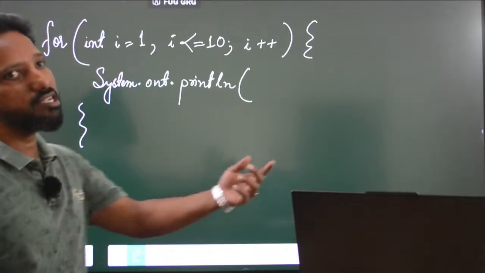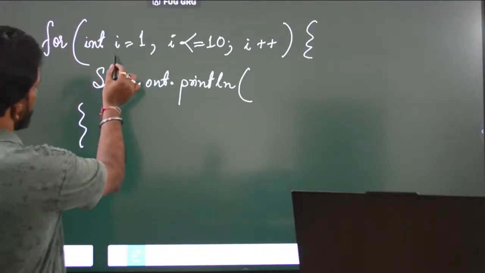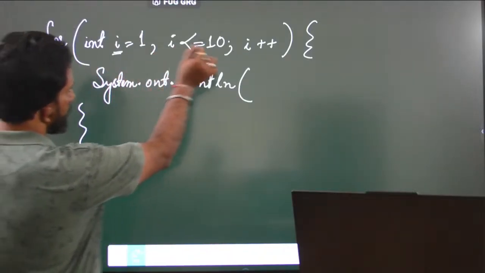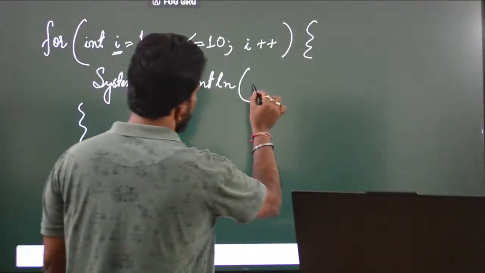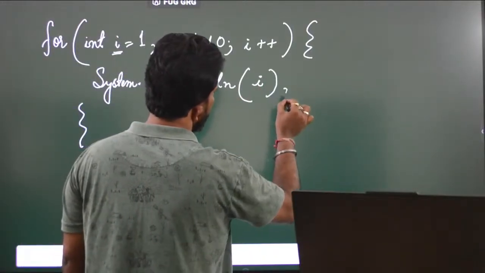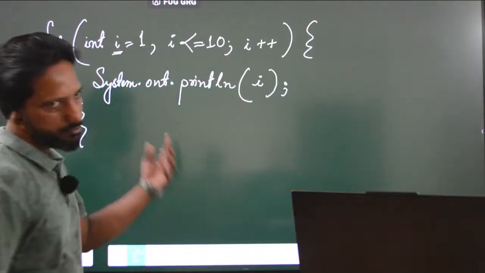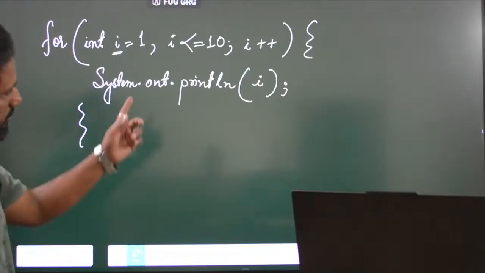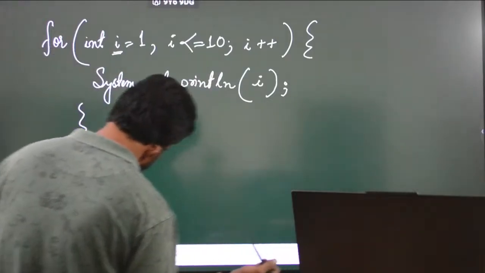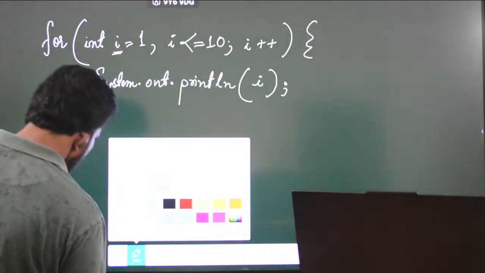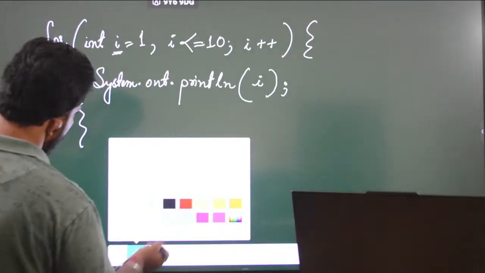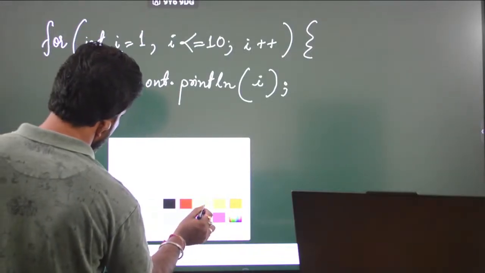What do you want to print? That same number only, right? This i variable is incrementing from 1 to 10, so I can just print i. Done.